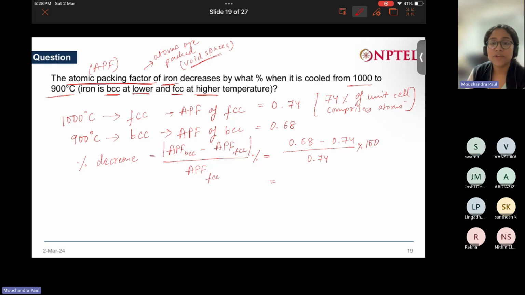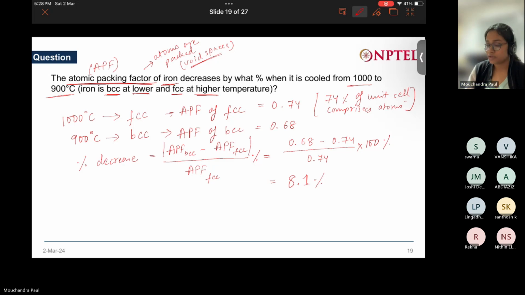Actually, when you have put the modulus, the minus sign will disappear. It will become positive. So 8.1 we can take. Is everyone else also getting this 8.1?